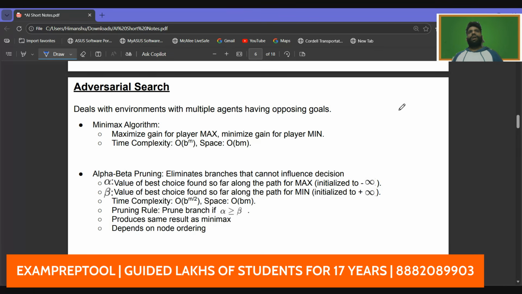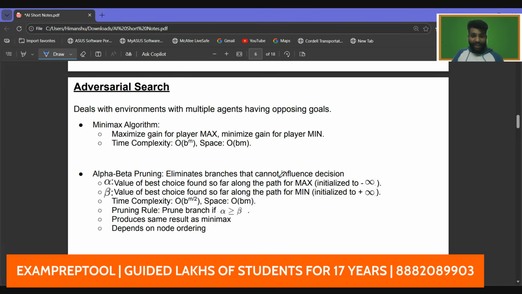So alpha beta is a range in which we want our value state to vary. If the condition for them breaks, in that case we simply leave the branch. The idea is alpha should be less than beta, that's what we want.